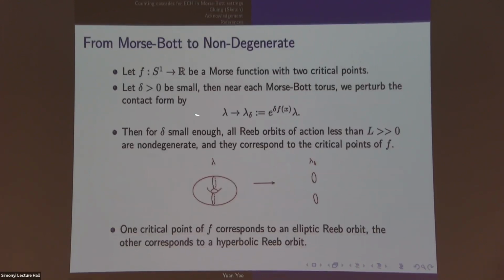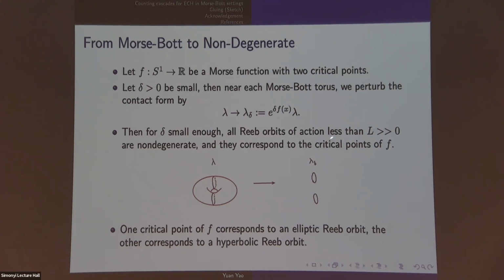Okay, so to break the degeneracy, I choose a Morse function with 2 critical points, f from S^1 to R. And for delta small, I make the following perturbation. I take the Morse-Bott contact form and multiply by e to the delta f(x). x here is the coordinate on the S^1 family of periodic orbits.